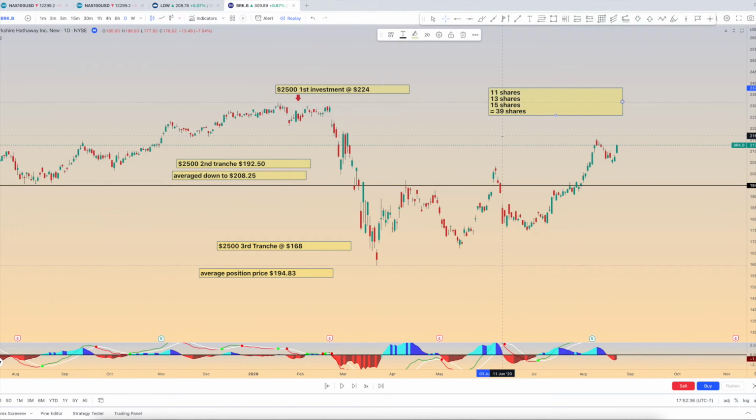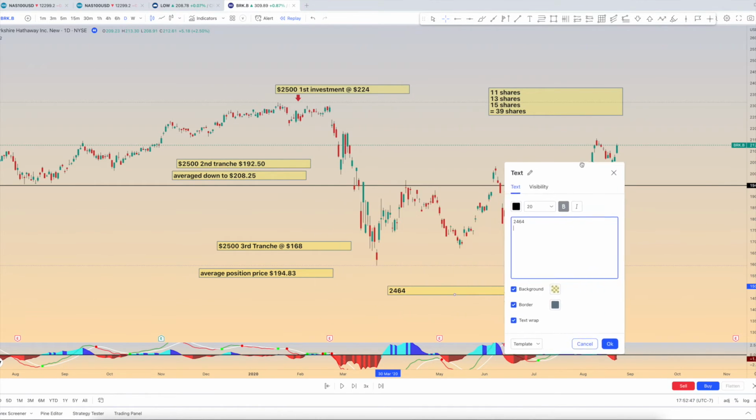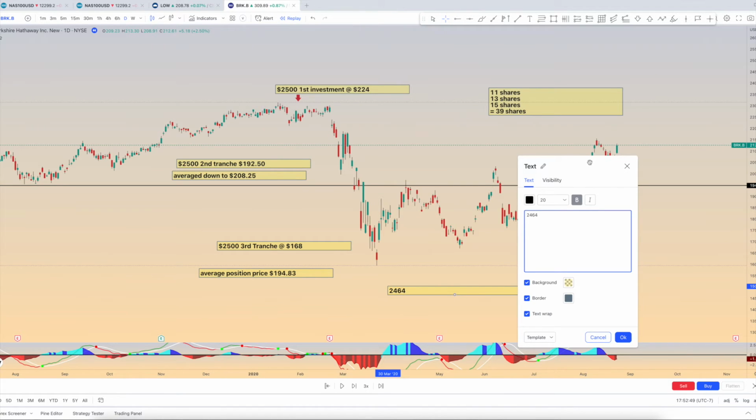Times 11 equals 2,464. So we'll throw in another text box. 2,464. That's our first one. The second one, we got 13 shares at 192.5 times 13. Cool. That's 2,502 and 50 cents.